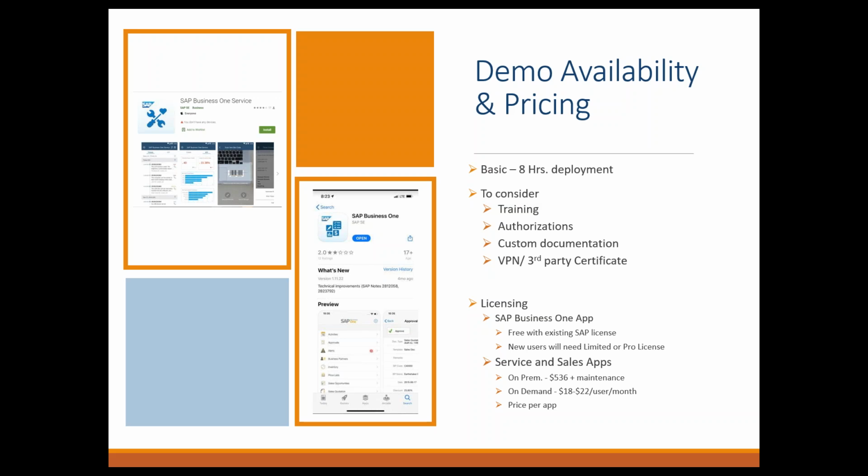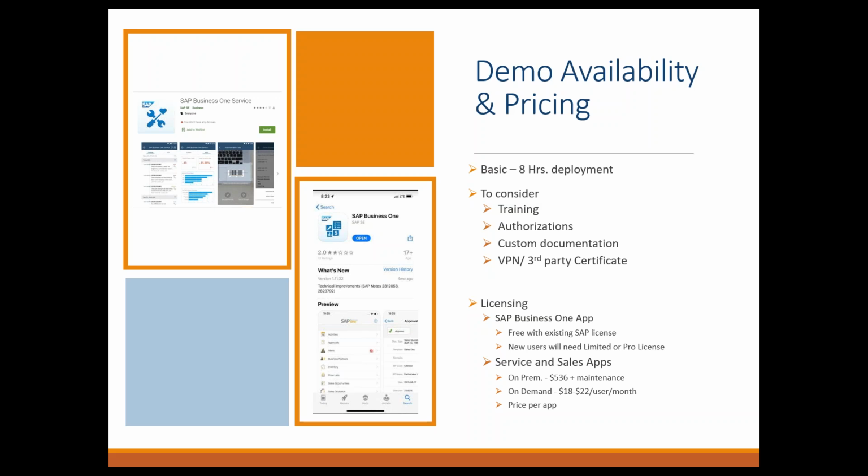The other sub apps, the service and the sales app, are again right now available only for HANA, but it's on the roadmap of SAP in version 10.0 to be available also for SQL. For those, you will need to license them, but they have a much lower price compared to a regular user. If you're on-prem, if you buy a license, it's going to be $536 plus the maintenance.